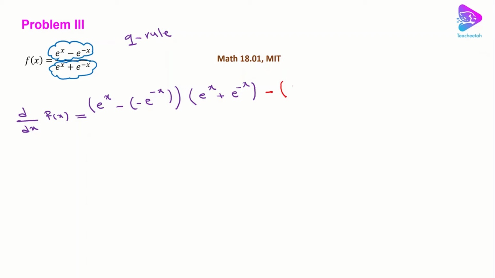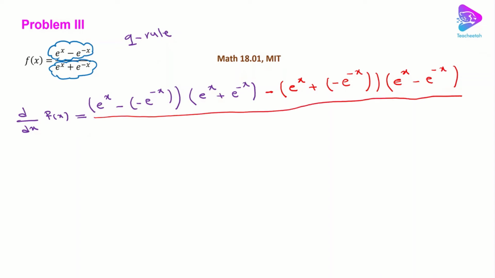So the derivative of e to the power of x is going to be e to the power of x plus, and then what we have is minus e to the power of minus x, and then this is going to be multiplied with the top part, e to the power of x minus e to the power of minus x, and the whole bunch is going to be over e to the power of x plus e to the power of minus x squared.